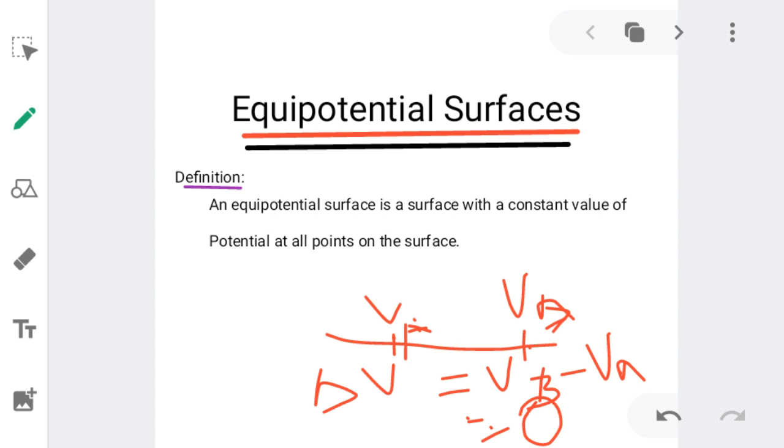That means an equipotential is nothing but the same surface where two different points have the same potentials. So that is known as the equipotential surface. Therefore, the potential difference becomes 0 there. That is known as equipotential surfaces.